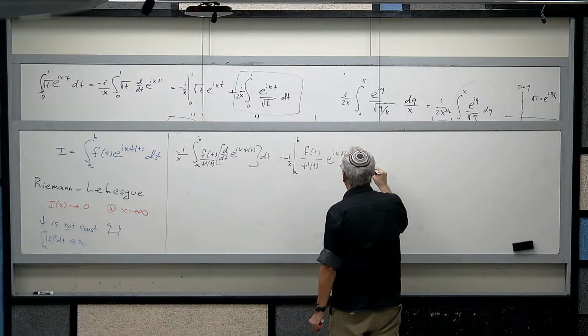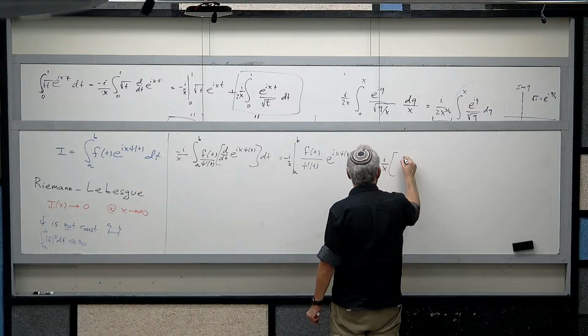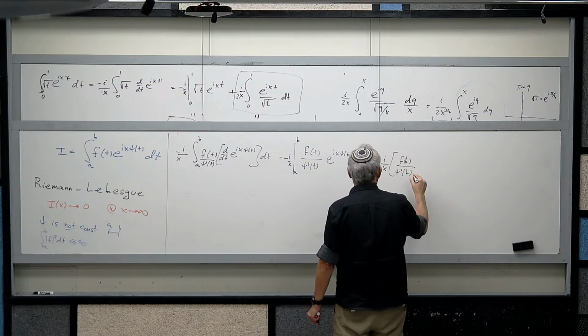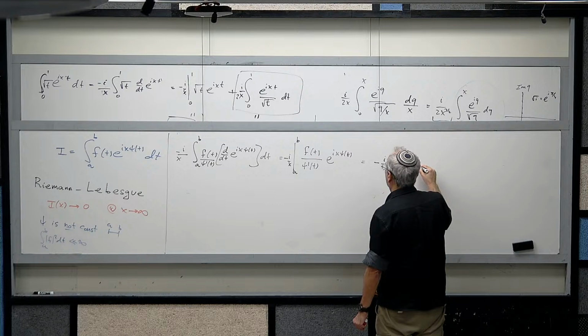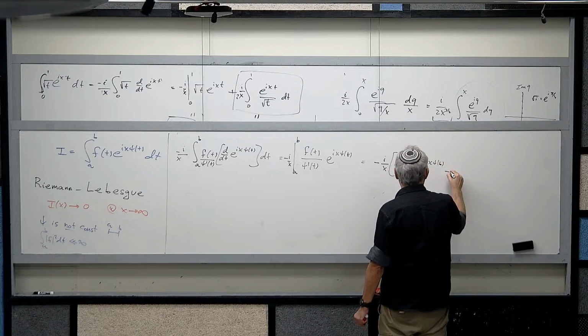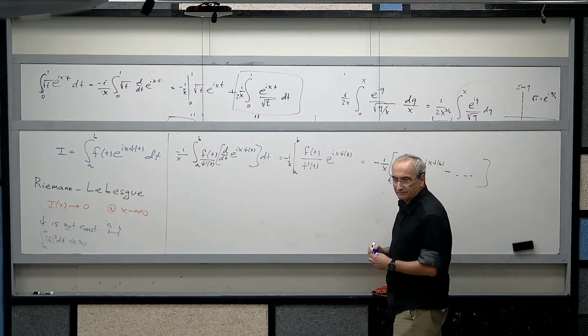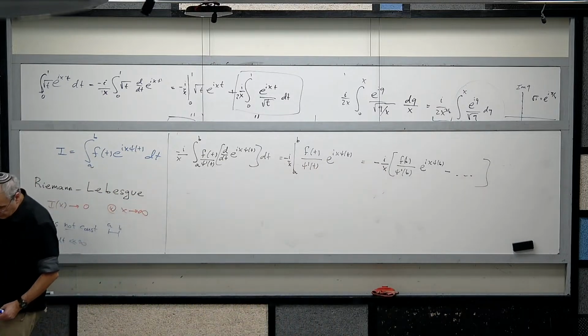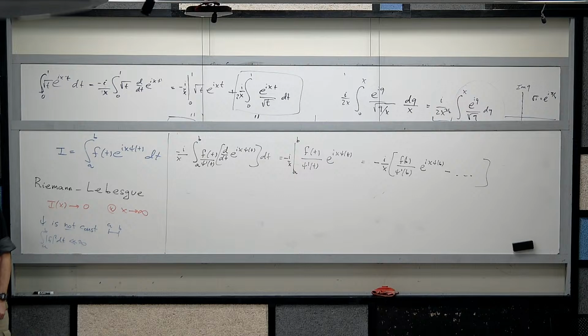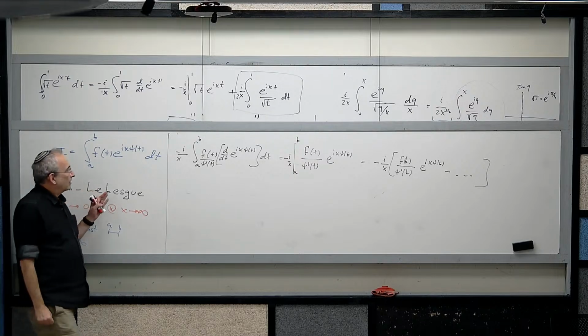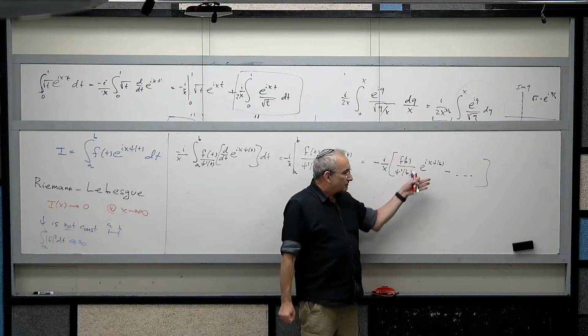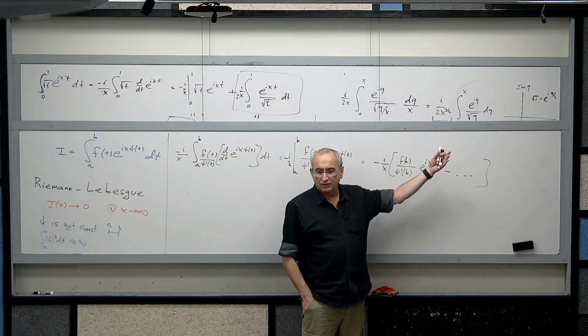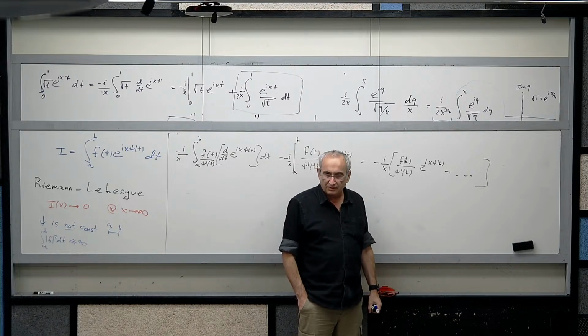So the first order approximation is minus i over x times f of b over psi prime of b, e to the i x psi of b, minus the same thing with a. Fine. You can continue and convince yourself that the next term will go like 1 over x squared and so on and so forth.